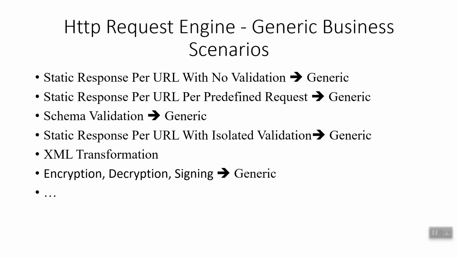We have, for example, if the incoming request is XML or SOAP and I want to fire schema validation for this request. I also have something called isolated validation. Isolated validation means, let's say the incoming is XML or SOAP, and I have some rules, and I want to apply those rules to this request.